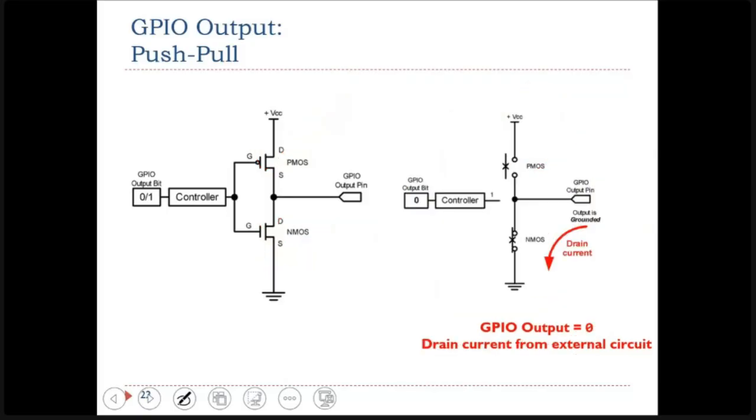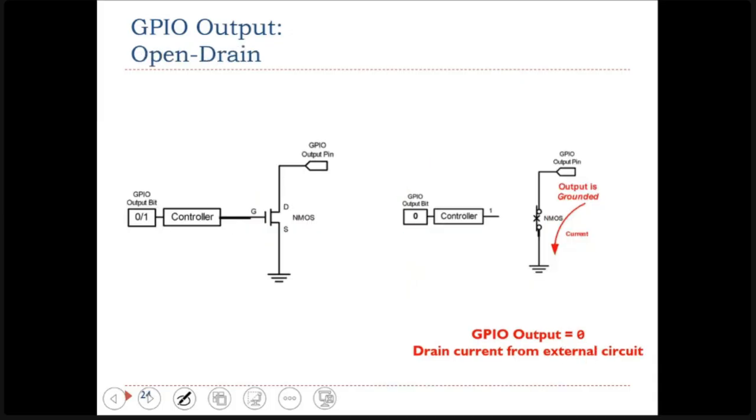The same thing happens whenever you have 0 here: this becomes off, this becomes on. Here you see a closed switch, current flows through the switch to the ground, and at the output you see a 0. So the bit value is maintained, and you get the same value at the pin. That's why we always go for push-pull.